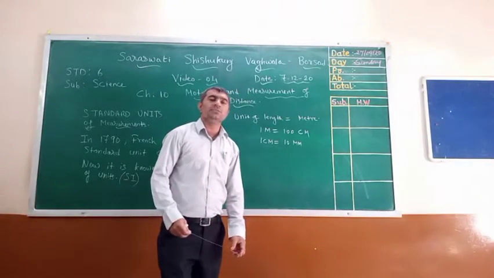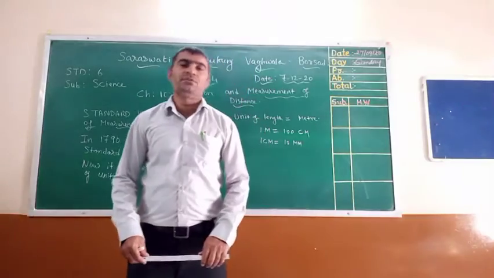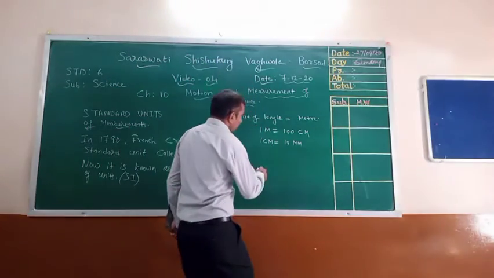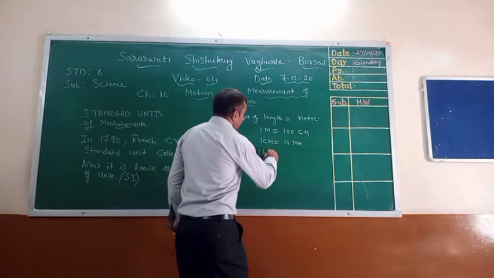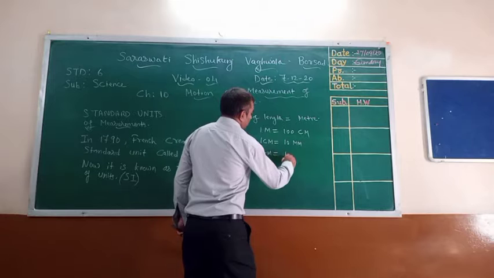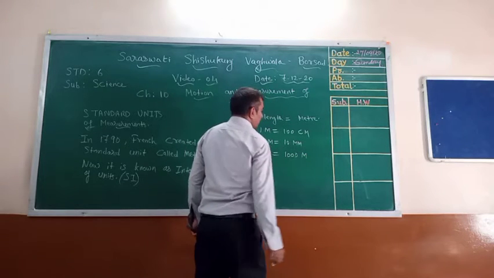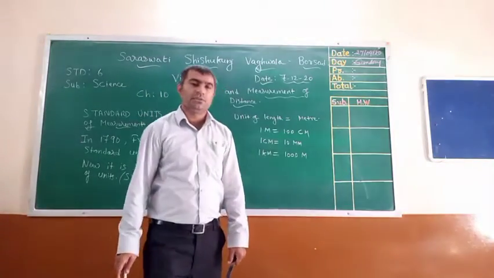We are using kilometer, and it is known as a multiple unit. Right? 1 kilometer is equal to 1000 meters.